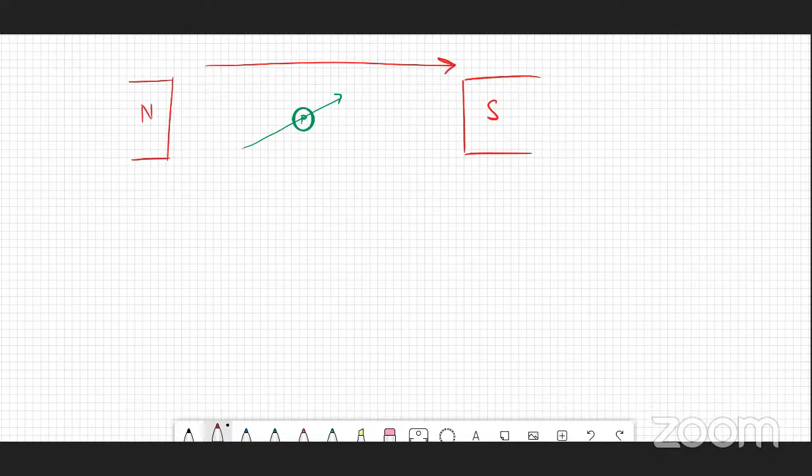Then what you do is you put the molecule which has these hydrogen atoms in a very powerful external magnetic field, and that external magnetic field is pointing in this direction.